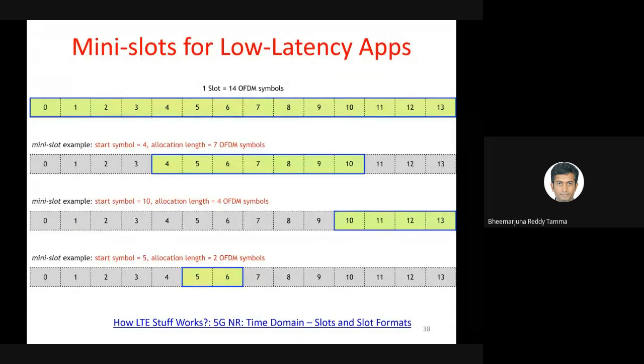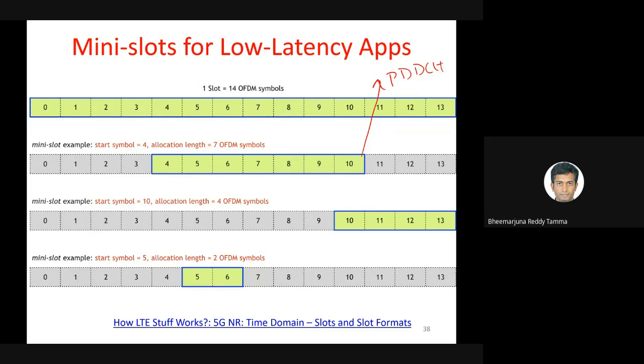That's what you can see here, where the scheduler can preempt the existing allocation of resources to other users and applications and dynamically inform, again using the PDCCH. You can use the PDCCH to tell that, starting from symbol 4, I'm allocating these 7 symbols to certain users for URLLC.